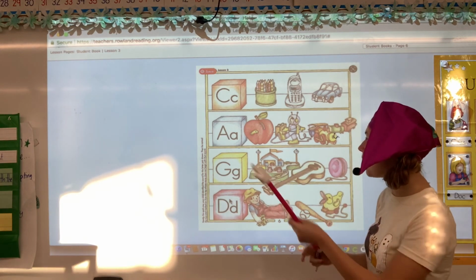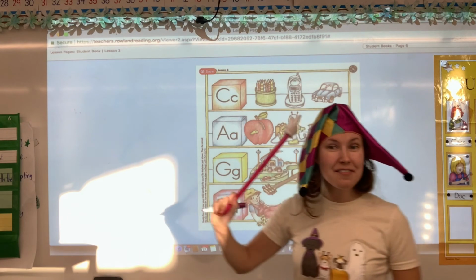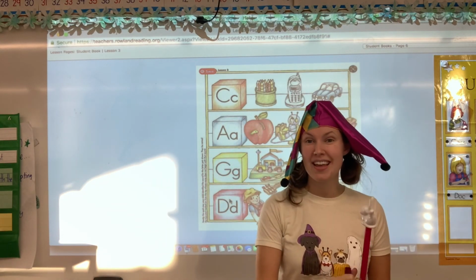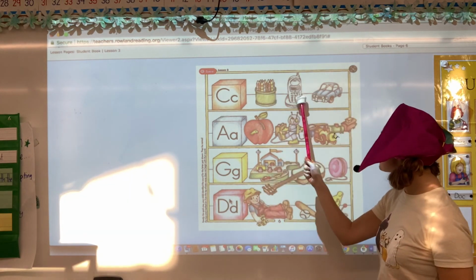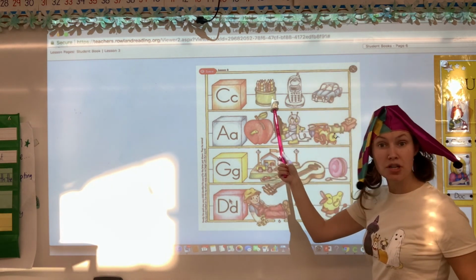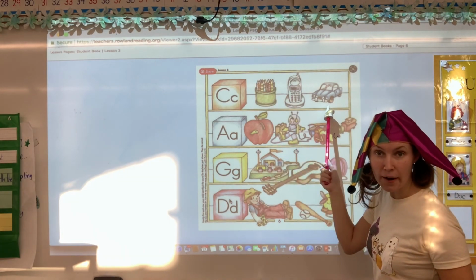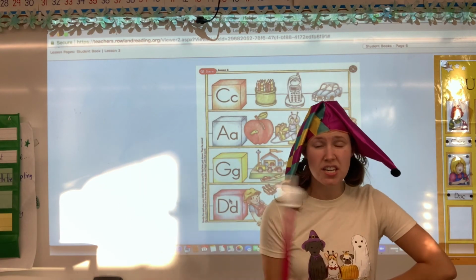So in my top row, I see that I have the letter C. Now I remember that C makes the k sound, the k sound. Now I see 3 toys here. I see some crayons, I see a phone, and I see a car. One of those things does not start with the k sound.